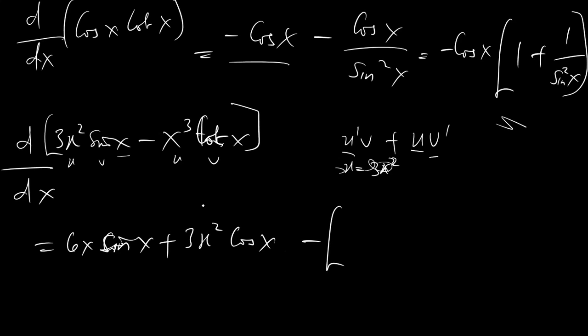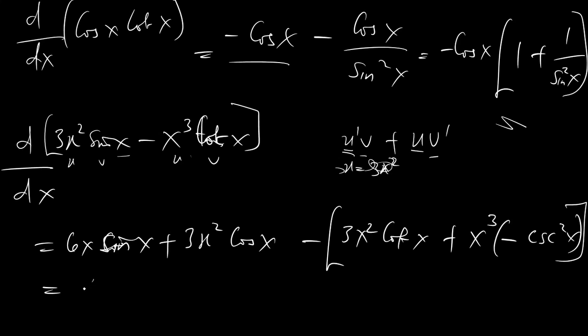Then minus, bracket open, u prime, which is 3x squared, times v, which is cot x, plus u, which is x cubed, times v prime, where v is cot x, so v prime is minus cosec square x.